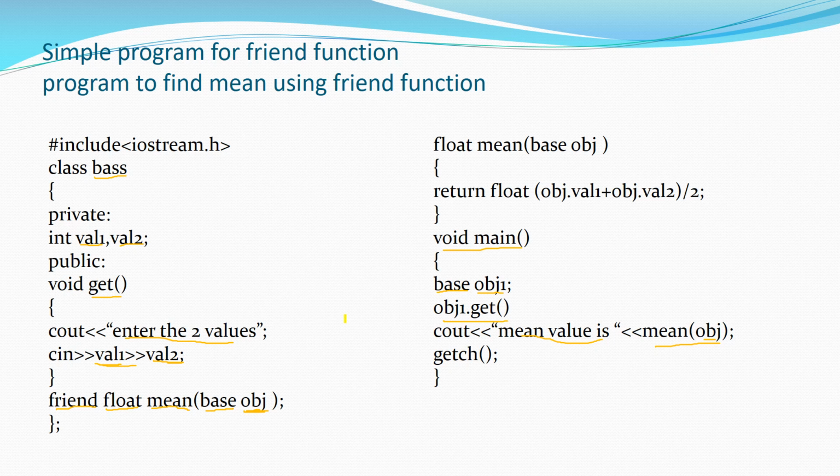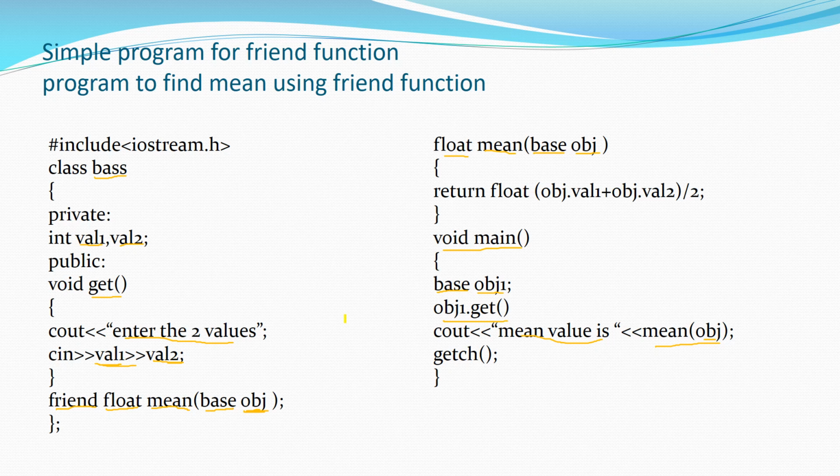So once you see it here, mean, which is a friend function, I'm going to create outside the class, followed by a float. Float is the return type, mean is the friend function name, base is the class name, and object is going to hold the value to be returned.